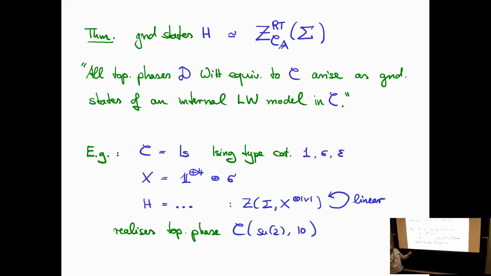So from that point of view, what that's saying is that if I have two topological phases in the same Witt class, then I can realize one as an internal Levin-Wen model where I put anyons in some Hamiltonian, and then I obtain any other modular category in the Witt class I may want.